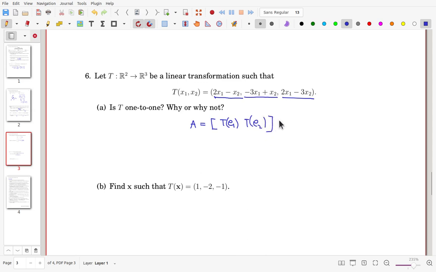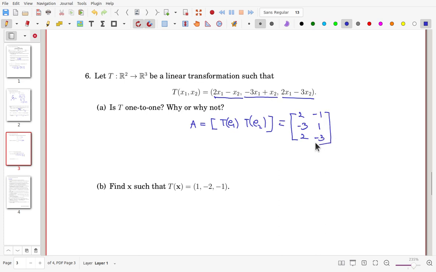Right? Here, for E1, x1 is 1, x2 is 0, so we get 2, minus 3, and 2. Now for E2, x2 will be 1, x1 is 0, so the first component is minus 1, the second component is 1, and the third component is minus 3.